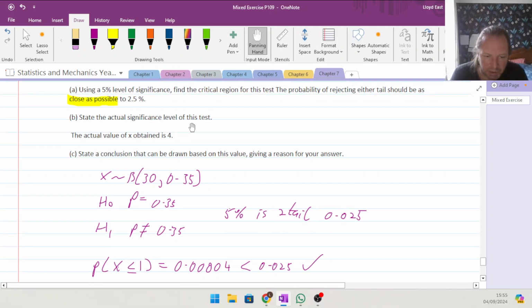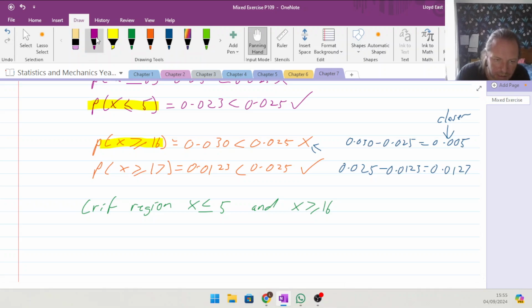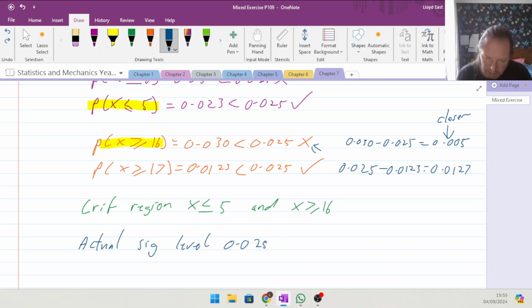Right then, part B. State the actual significance level of this test. The actual significance level will be the 0.023, that's not a 3 again, why do I keep doing that every time, and the 0.030, which of course gives us 0.053.